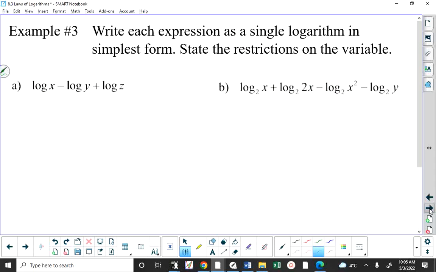Number 3 is putting things back together. It's not tearing it apart like where we started with example 1. It's packing it together with variables. And this will be log of, classic example of an incorrect answer. And I know some of you are going to pick this as a multiple choice.